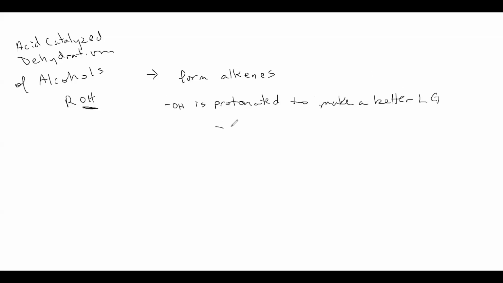So when we do that, that's going to become an OH2 plus, right? So essentially what's going to be happening is we're going to have this come off as water, and water is a weak base, so it's going to be a better leaving group. Okay.